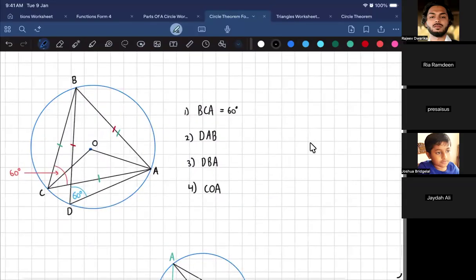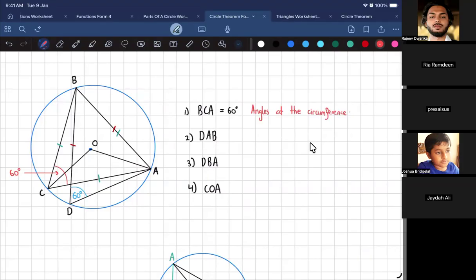Let me just write down the theorem one time. Angles at the circumference, so the angles must be at the circumference.